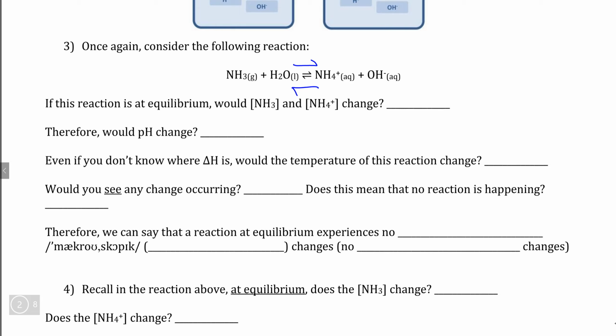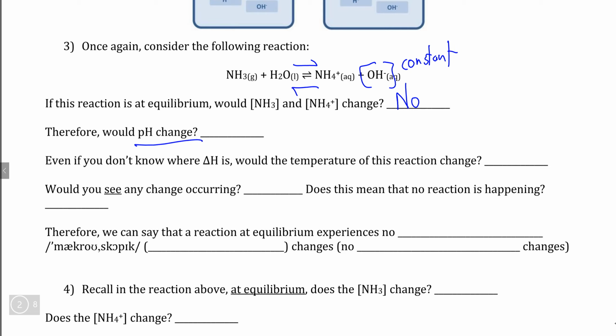Now, if the rate of formation of products and the rate of formation of reactants is identical, that means that none of the concentrations are going to change, and therefore all of the concentrations of all of the reactants and products will remain constant.